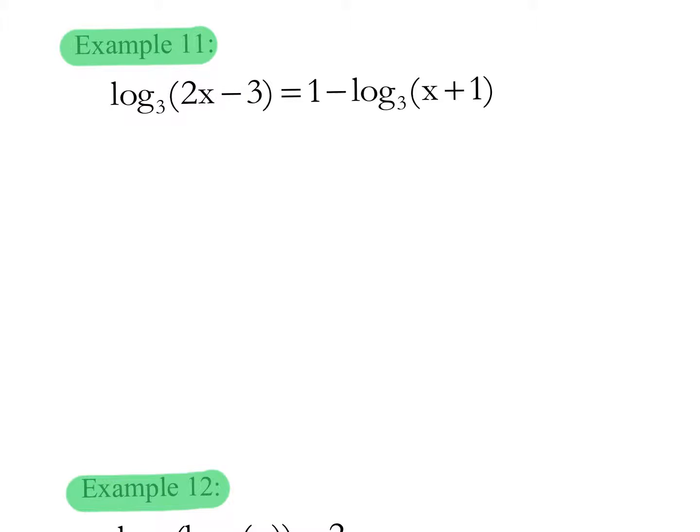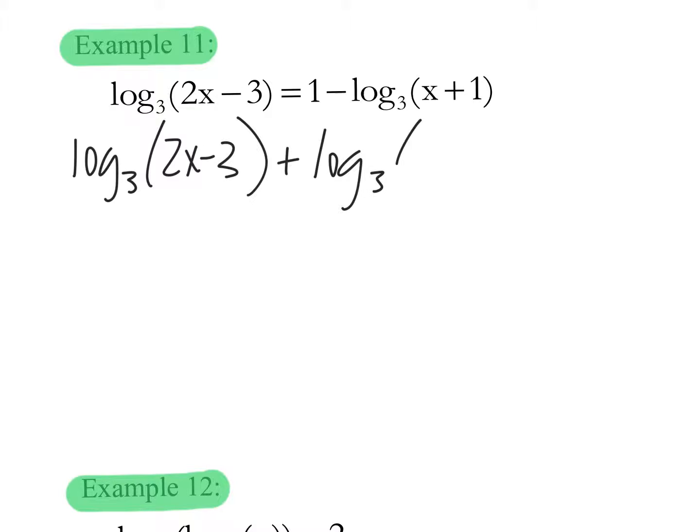Okay, so when I do that, I'm going to have log base 3 of 2x minus 3 plus, because I'm moving the term over, log base 3 of x plus 1, and I still have that random 1 on the other side.